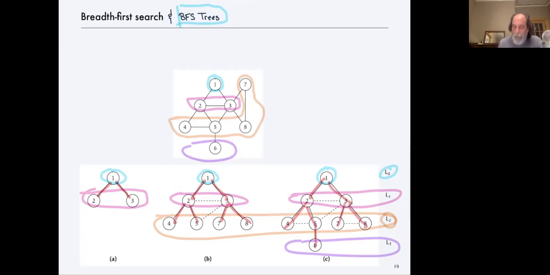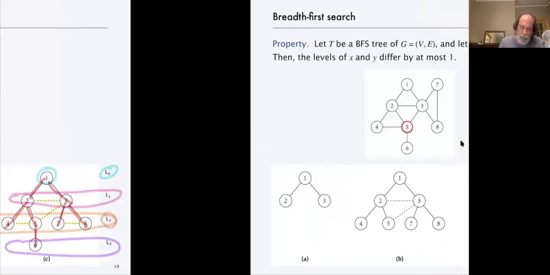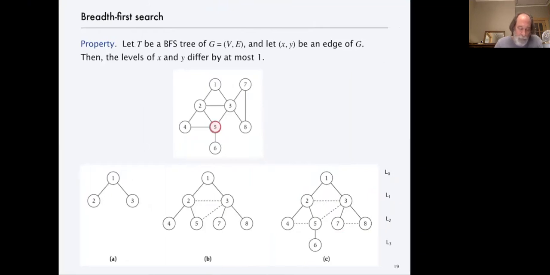So that's a breadth-first search tree. And of course, there are some edges that we don't use. Right?